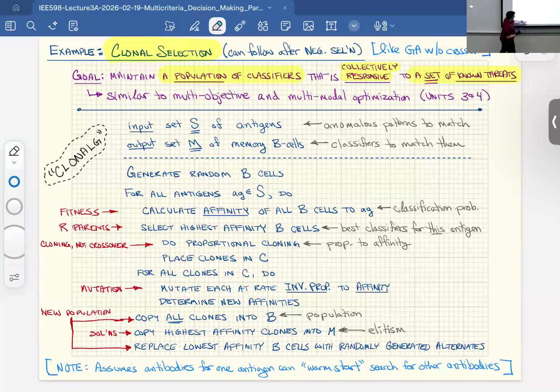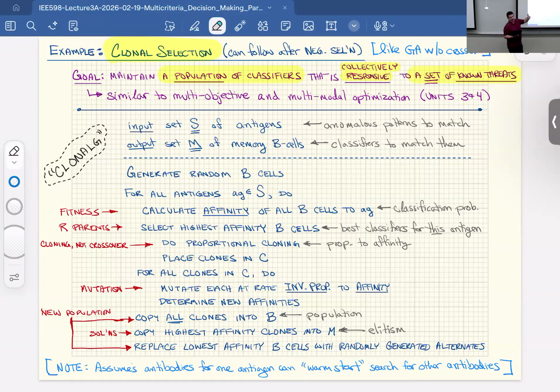Yeah, so there is an assumption here that each antigen is a good warm start for the next antigen. So this random B cell, I could have taken this and put it inside the for loop and randomized it with every antigen. But the assumption here is that these antigens are within the ballpark of each other. They're all coding for similar sorts of threats.